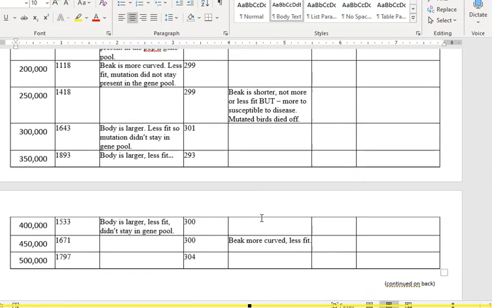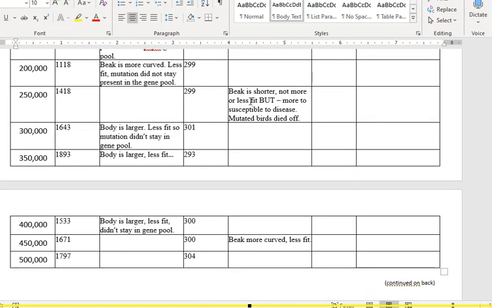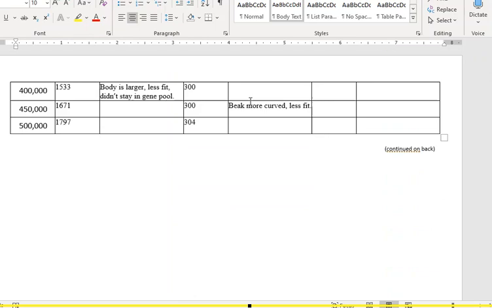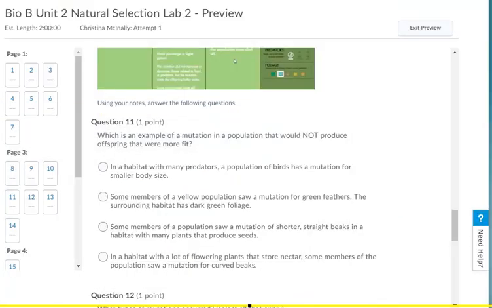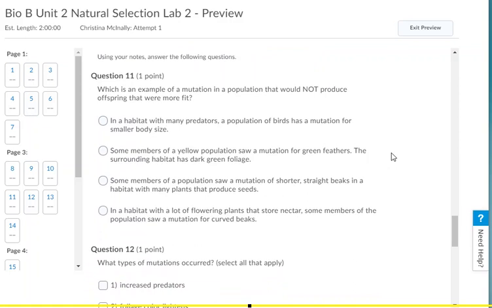But sometimes it didn't really matter if the mutation made it more or less fit in terms of food or predators, but it made them more susceptible to the disease. So that one didn't last. To answer the question, what is an example of a mutation in a population that would not produce offspring? In a habitat with many predators, a population of birds has a mutation for a smaller body size.